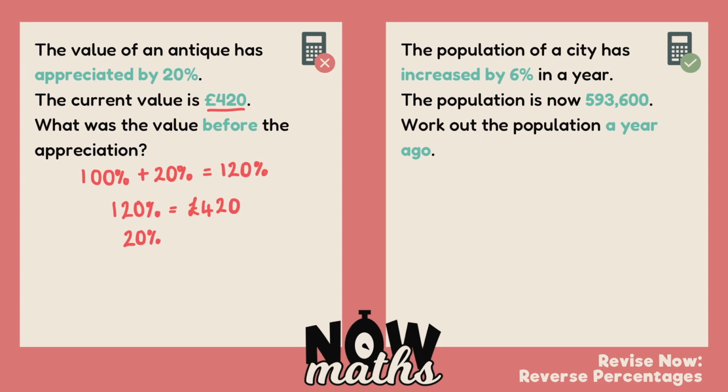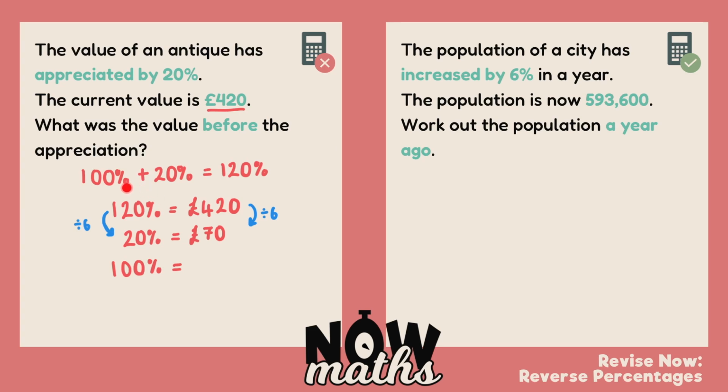And now if we look to go from 120% to 20%, we're going to have to divide by 6, because 120% divided by 6 is 20%, which means we also have to divide the value by 6, and £420 divided by 6 is £70. Now if we know 20% and we want to work out 100%, there are a couple of different ways we could do this.